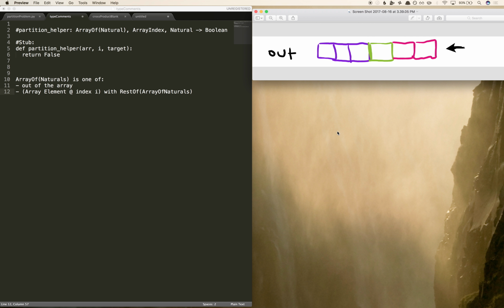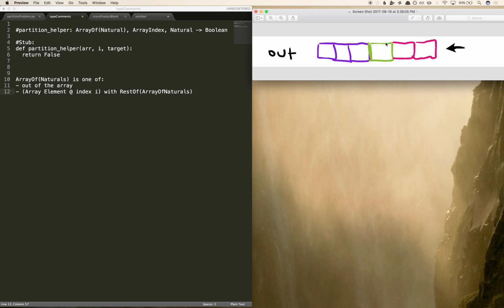We're either out of the array, so as you can see on the far left, we've processed everything, and that's one state. Another state is that we're at some arbitrary index I. Suppose the arbitrary index I is this green box. So we're at this box, and we still have the rest of the naturals to process.